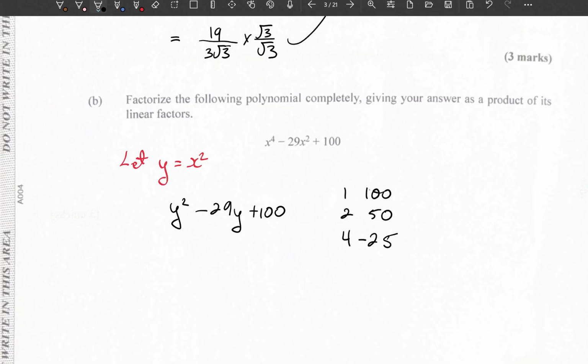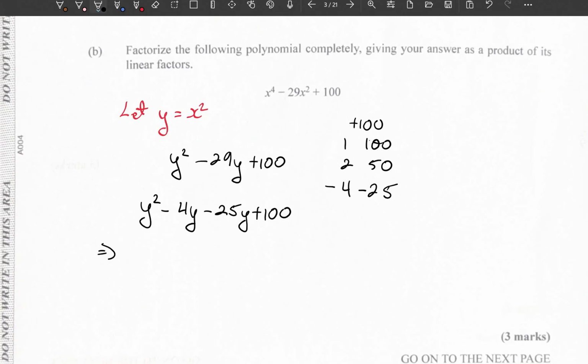Our minus 4 minus 25, that does give us plus 100, and when added together, that does give us minus 29. So we then have y squared minus 4y minus 25y plus 100.